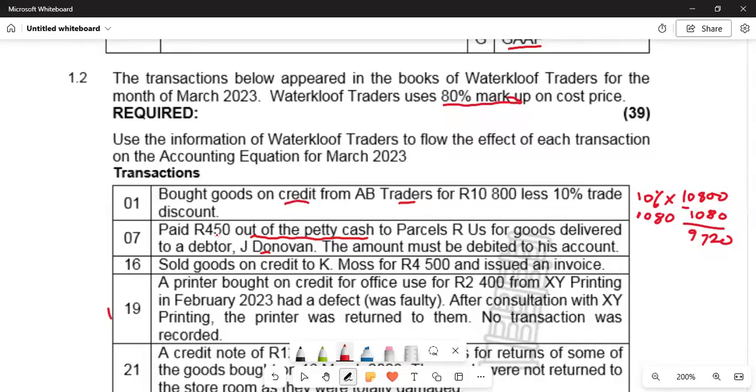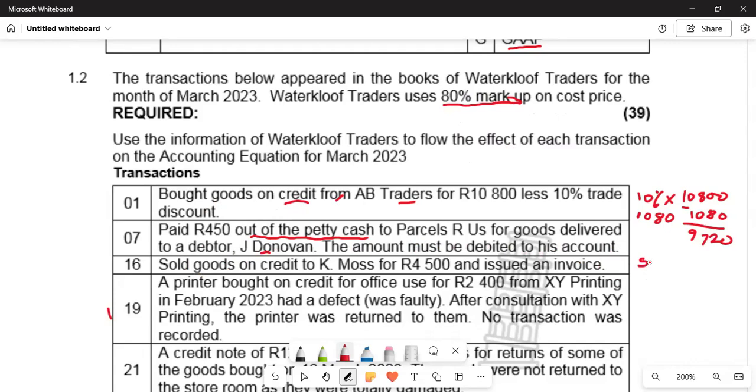So if it is like that, now on the 16th we are to make sure that we calculate the selling price with the markup. We can use a formula to do that.